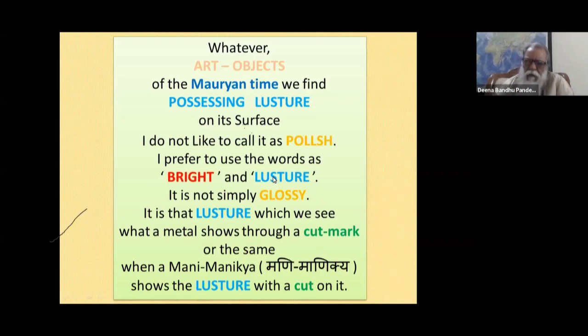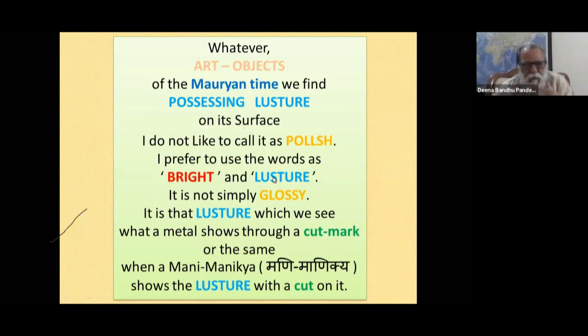We have to understand what I want to say, that like a person has something like Atma, something inner, so these sculptures and architecture have inside them this luster which comes out.